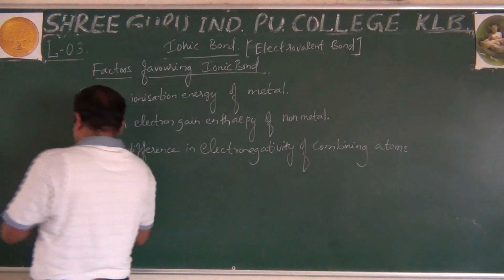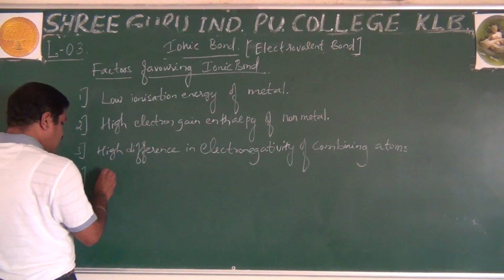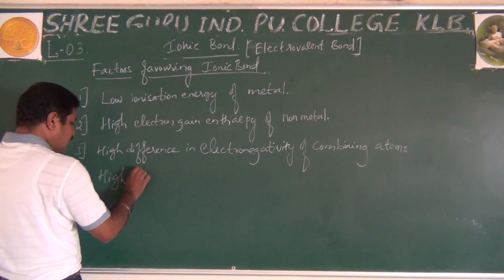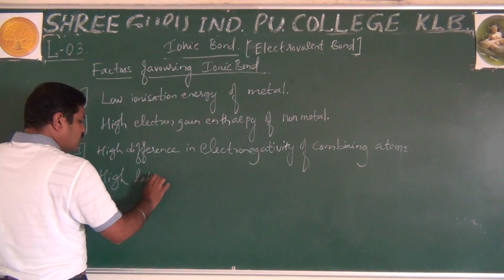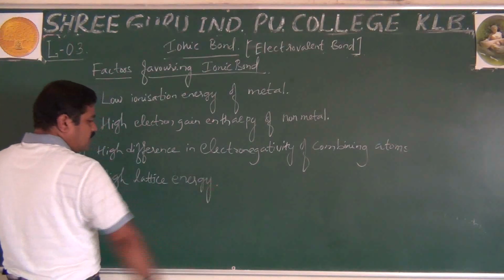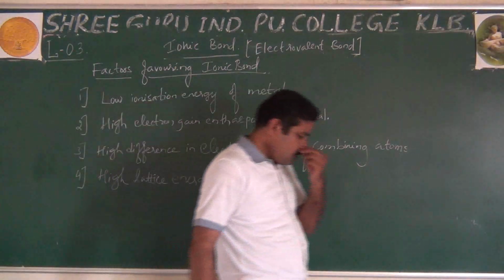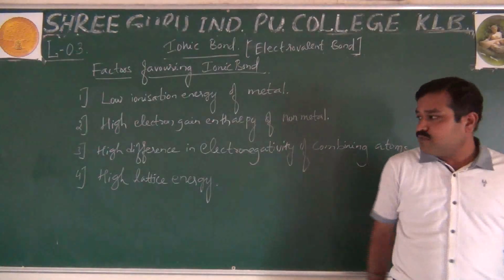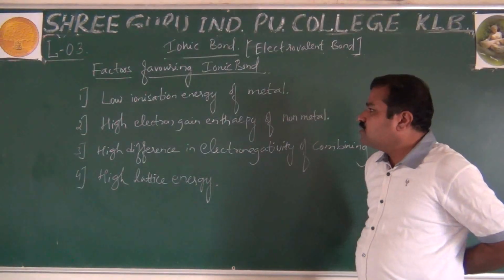And also fourth one, high lattice energy. High lattice energy of the combining atoms also favors, okay, ionic bond.